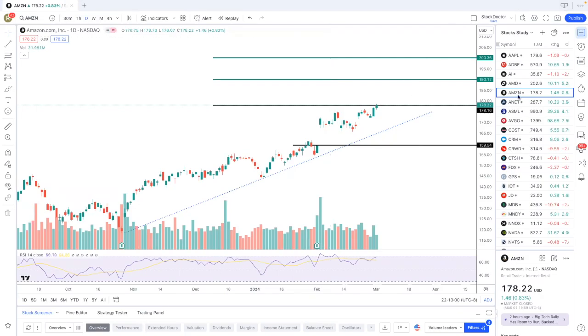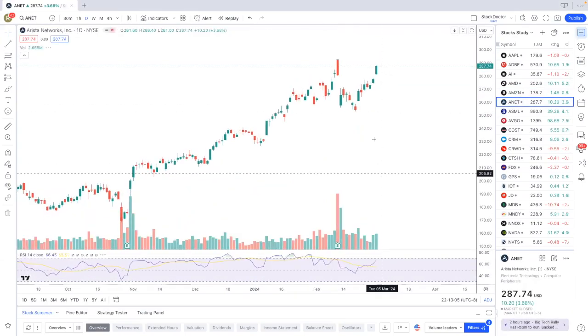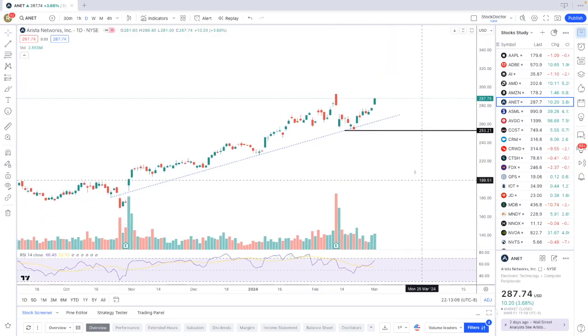The next stock we have is ANET. So this is the chart of ANET. Looking at this chart pattern, you can see it is consistently taking the help of the trend line and going well above from that. Right now for ANET, I don't have any targets.